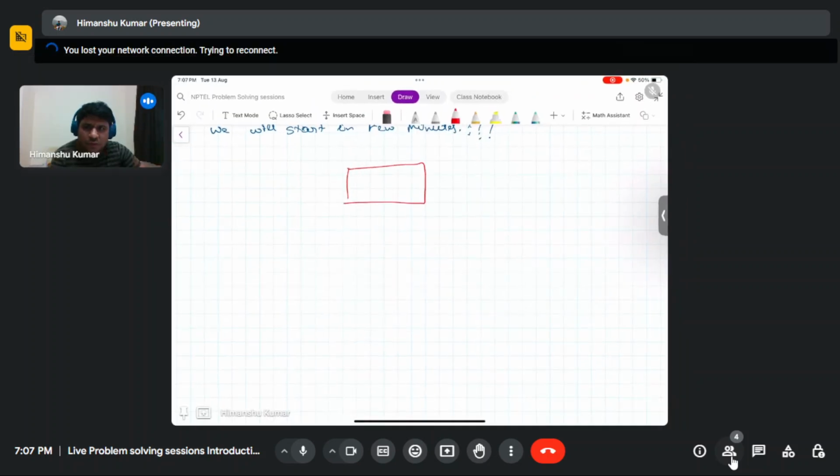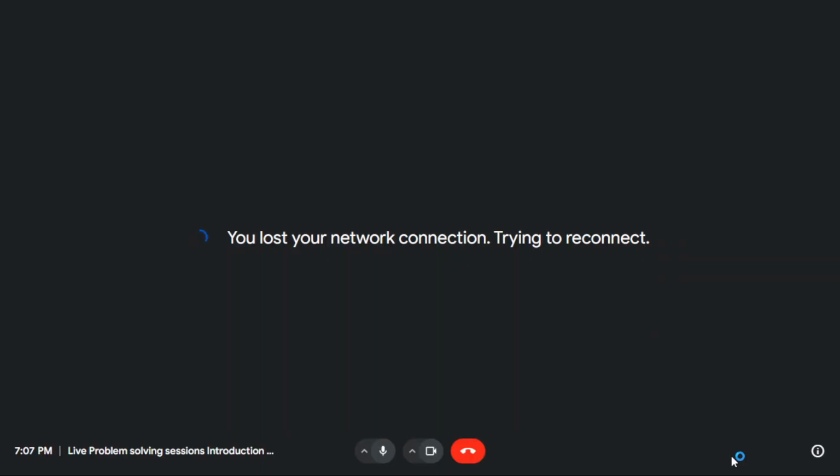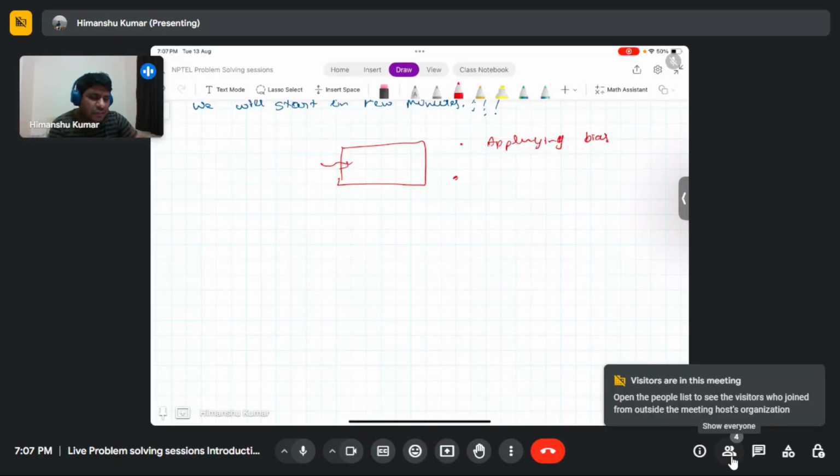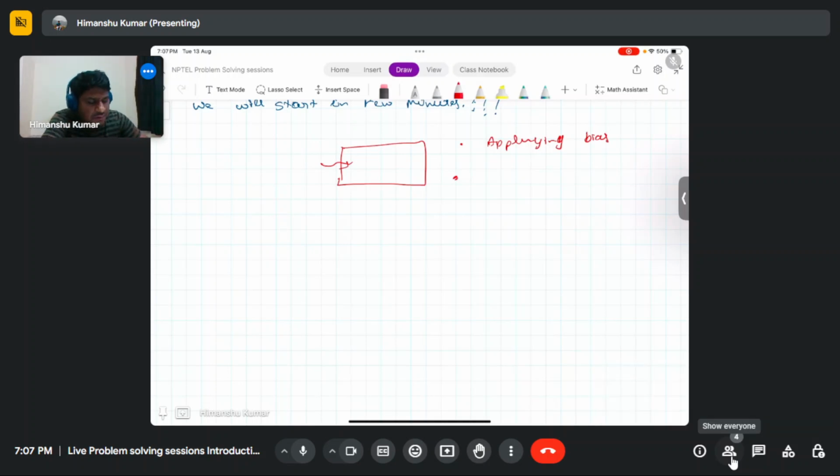You apply a potential difference to the material. The other is you shine a light, which leads to photon absorption, and correspondingly the electron will jump from the valence band to the conduction band, and that will lead to current flow in the semiconductor.